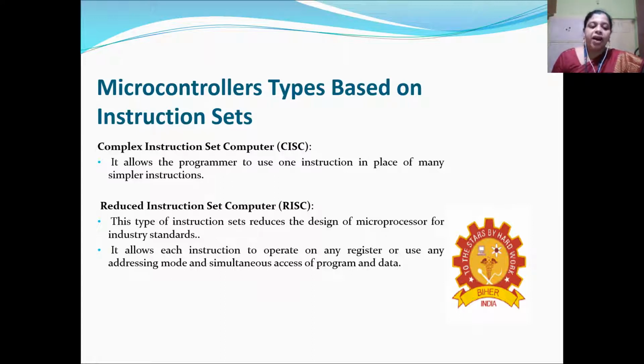In this one, the instructions are allowed to operate on any register, or they can use any of the addressing modes, and they can at a time access a program as well as the data.